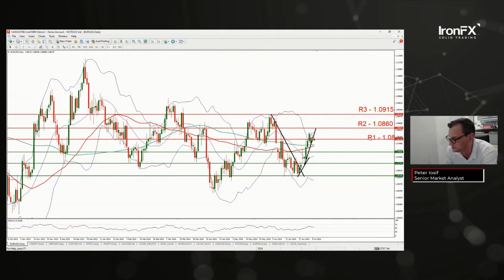And the price action seems to be breaking above it. However, it's not clear just yet. The S1 in green at 1.0765.